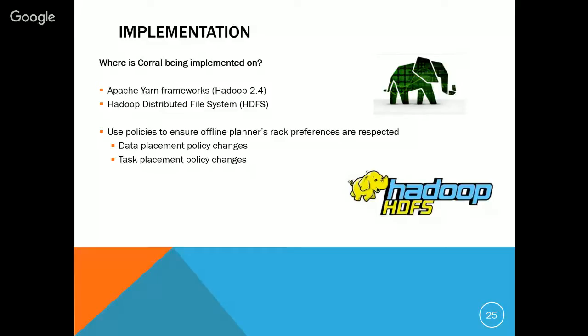We're also going to make some changes to the task placement policy. Traditionally, Yarn uses an application manager to request slots from a resource manager, the RM. Coral modifies the default behavior, which is to let the application manager allocate tasks for maps only, and lets the app manager allocate all tasks, including the reduce jobs as well.